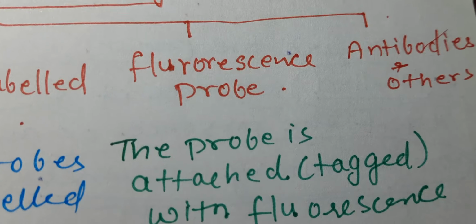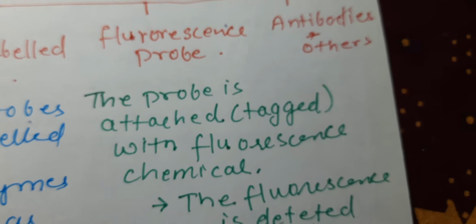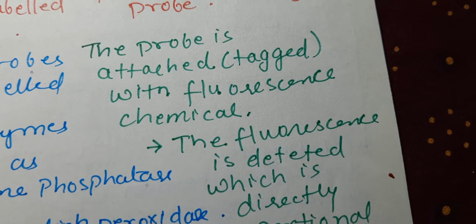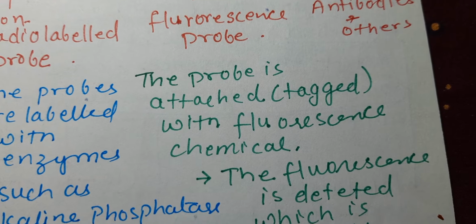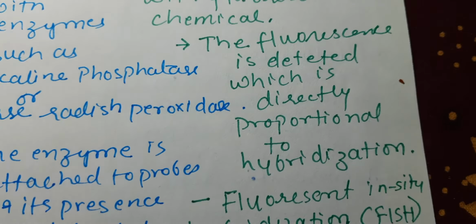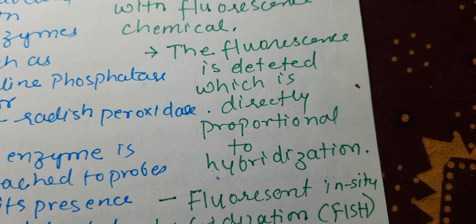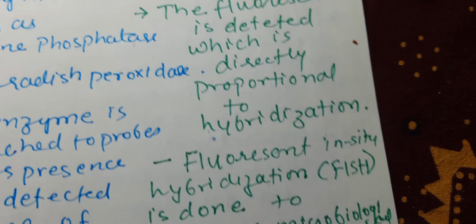Now, a fluorescent probe is attached with some fluorescent chemical. The fluorescence is detected, which is directly proportional to the hybridization.